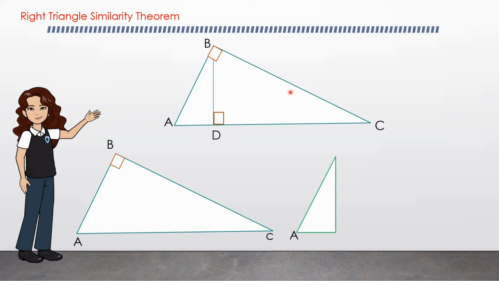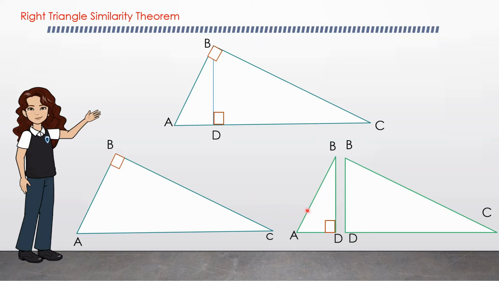And these triangles are triangle ADB. So this one, ADB. And another triangle is triangle BDC.